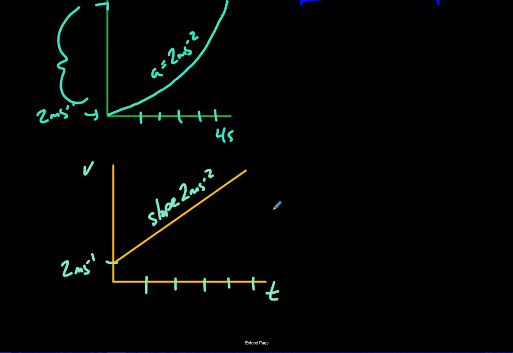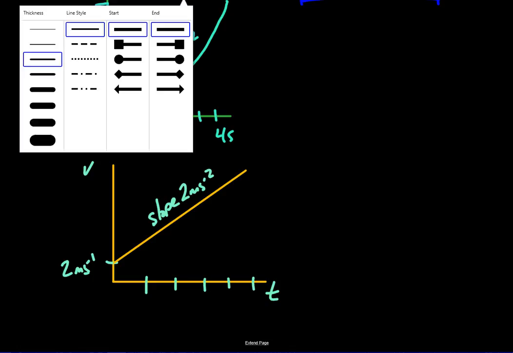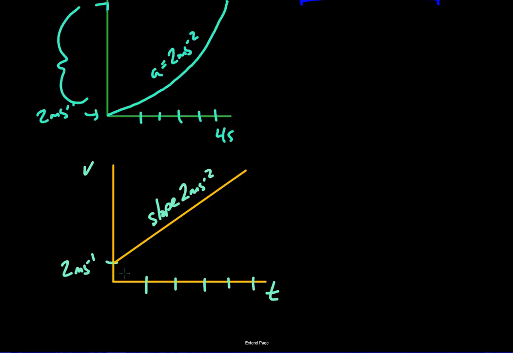Slope of this graph is acceleration. Let's move that over a little bit, just trying to make it look nice. There's a lot of freehand, it just doesn't look that great. So there's my final velocity.